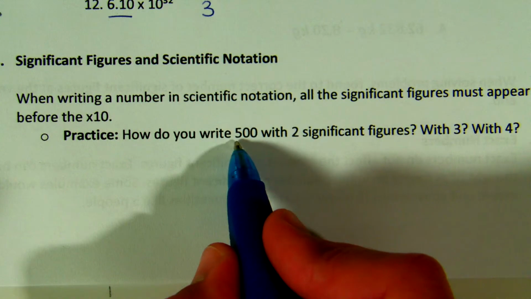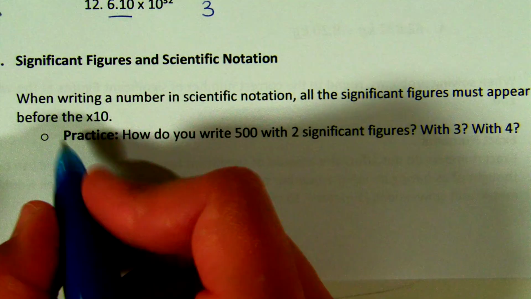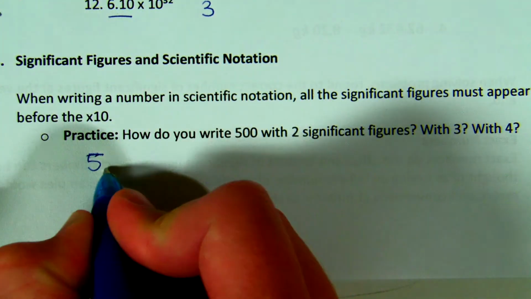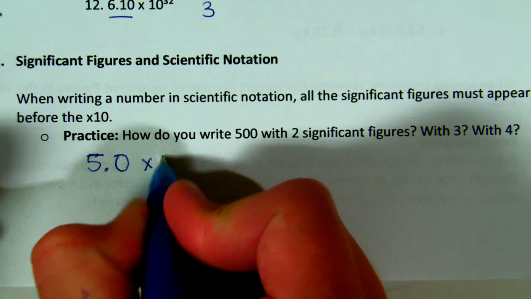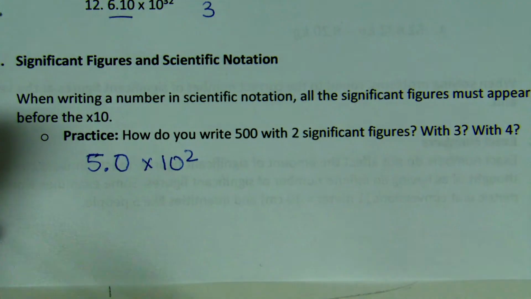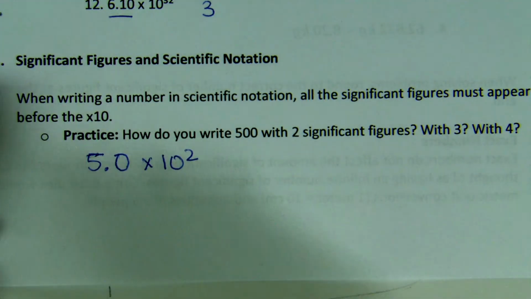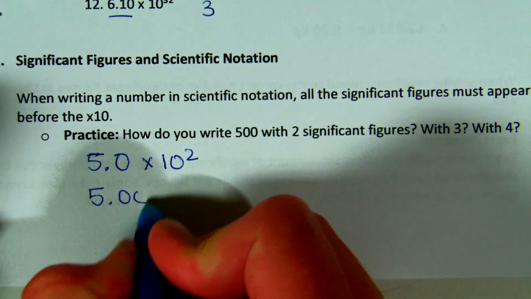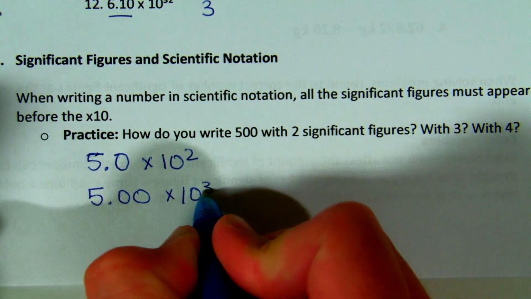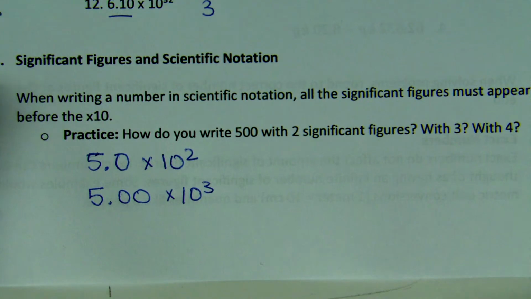So in order to write that with 2 significant figures, we would say 5.0, there's our 2 sig figs, but then times 10 to the 2nd power, which makes it equivalent to a value of 500. With 3 sig figs, we would simply add another 0 after the decimal. Oops, this would still be a 2.